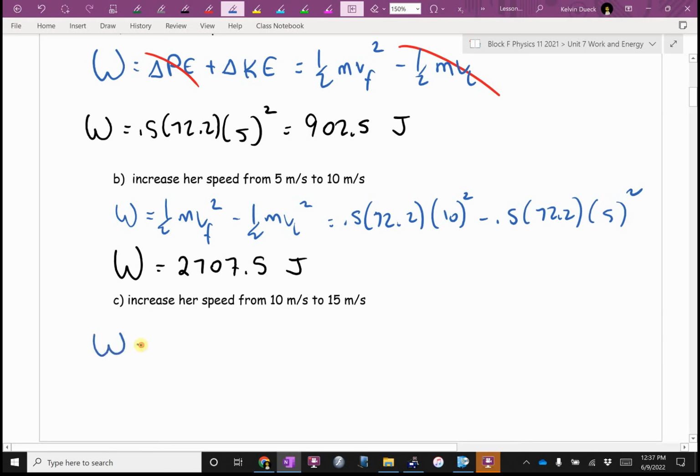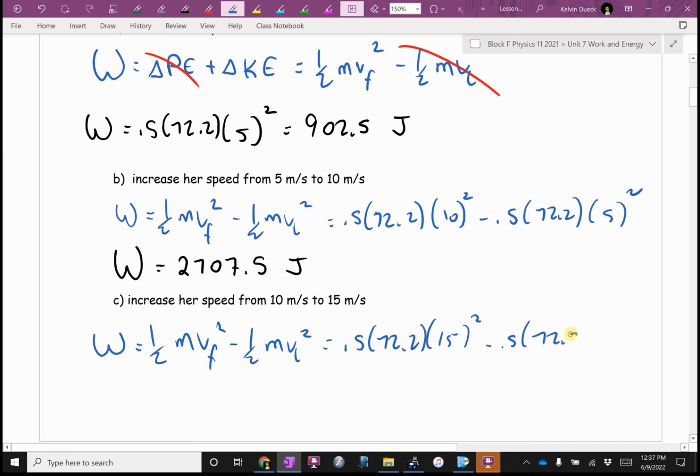I think it's going to end up being a half mv final squared minus a half mv initial squared. It's going to be 0.5 times 72.2 times 15 squared minus 0.5 times 72.2 times 10 squared.